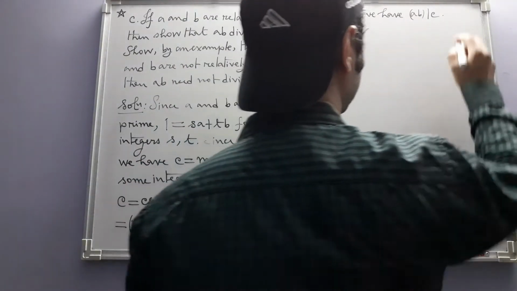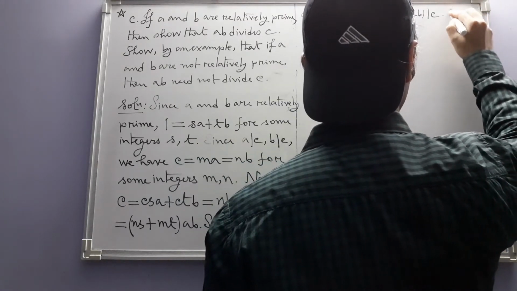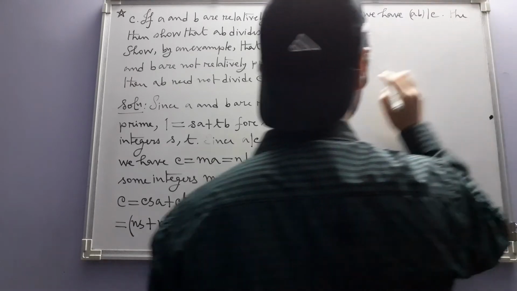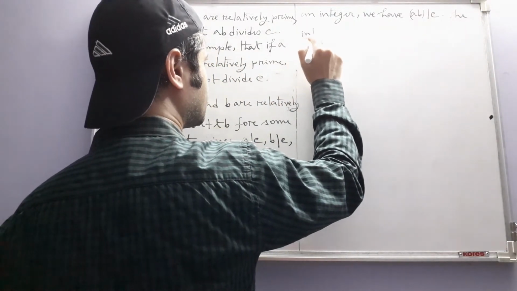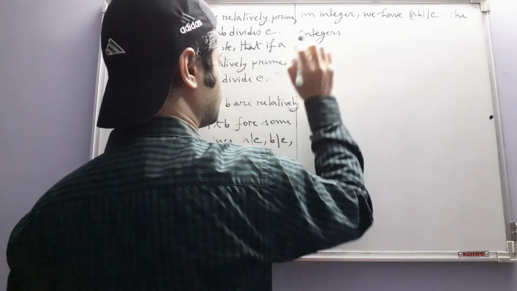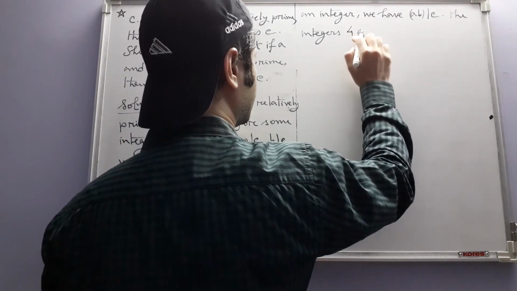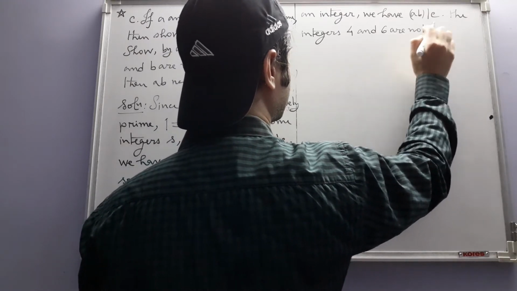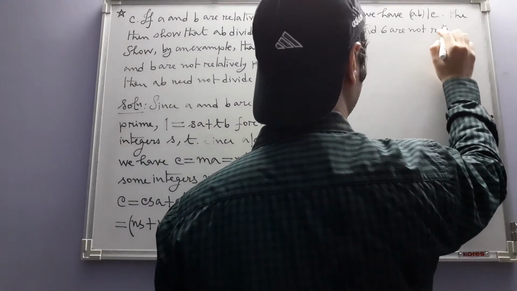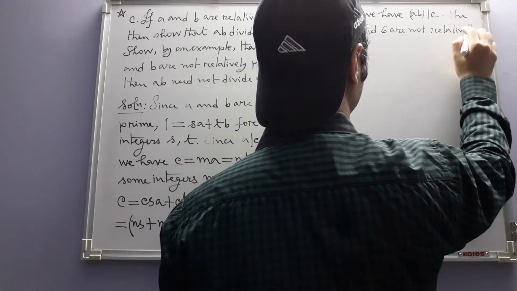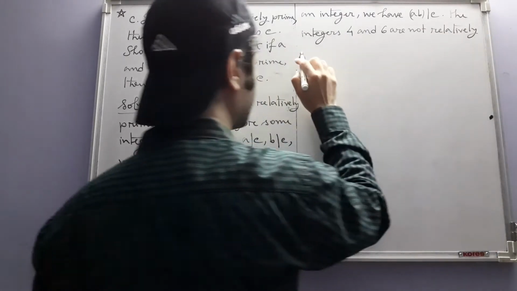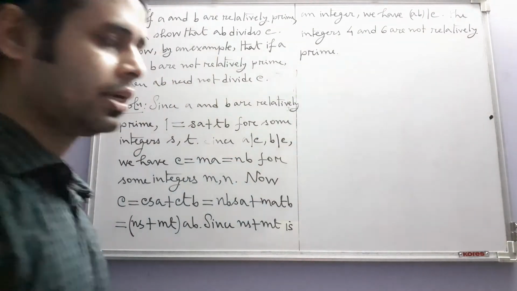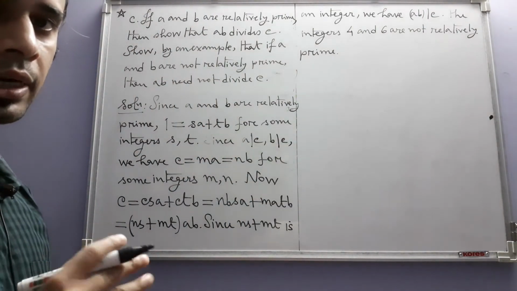To see that, the integers 4 and 6 are not relatively prime, because they have a common divisor 2 greater than 1.